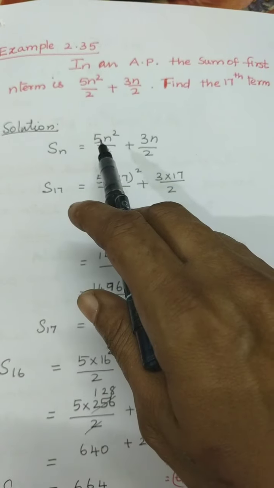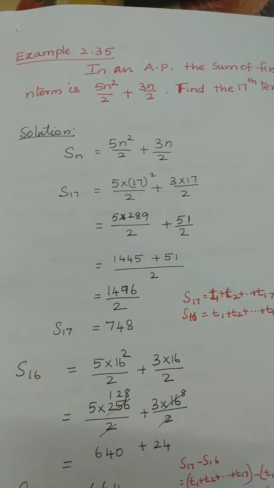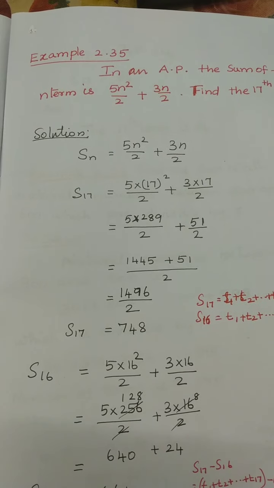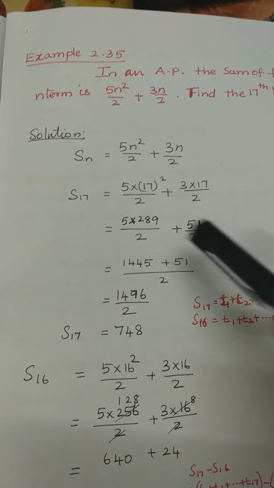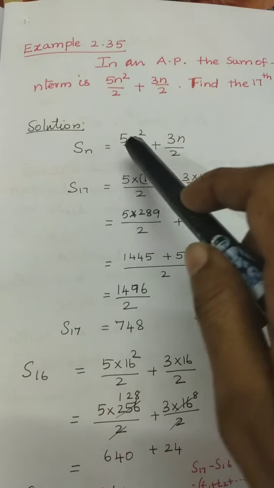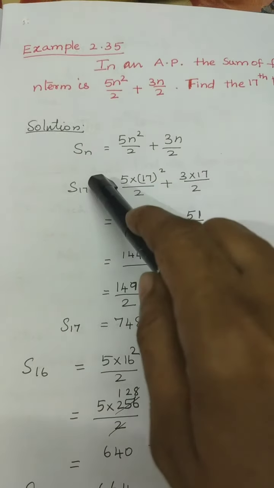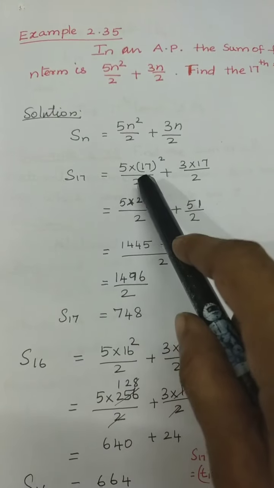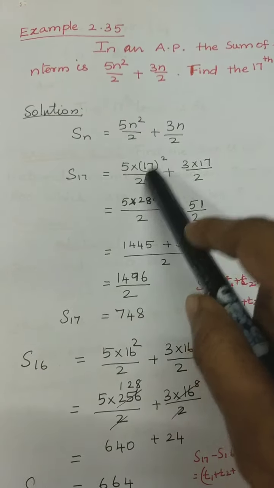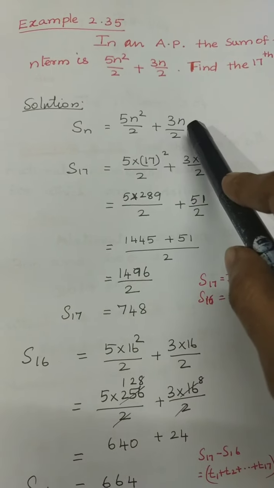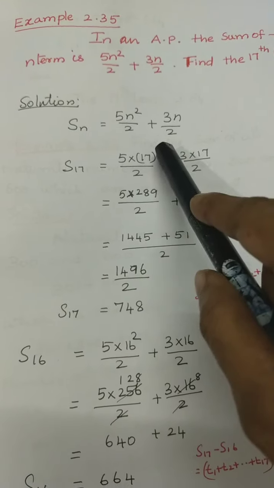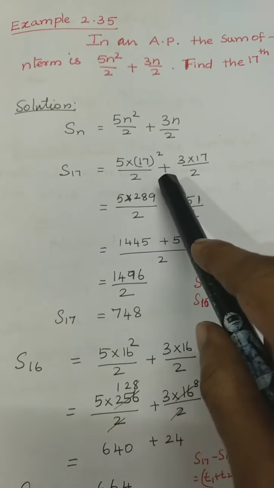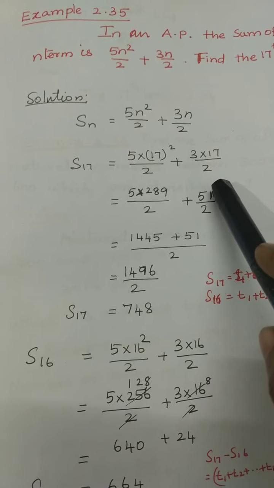So Sn is equal to 5n square by 2 plus 3n by 2. Okay, you have to substitute for the 17th term. In the place of n you are substituting 17. 5 into 17 square by 2 plus 3 into 17 by 2.